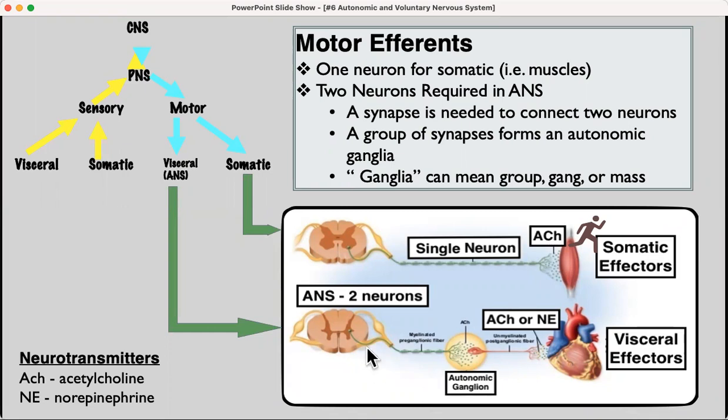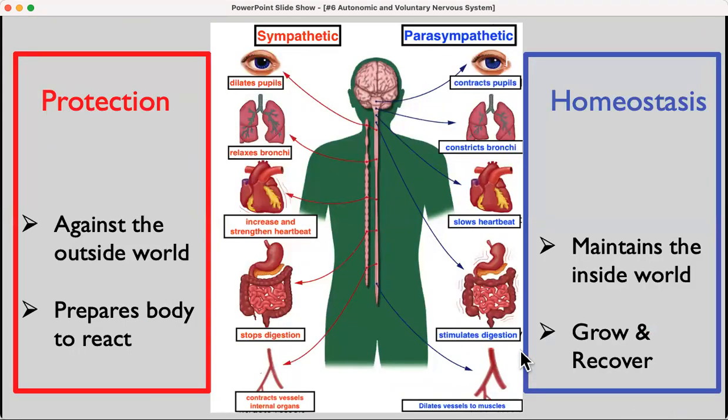But both systems in the autonomic nervous system are requiring these two separate neurons. And again, protection. Sympathetic is your protection against the outside world, preparing your body to react. Homeostasis, this parasympathetic, it maintains homeostasis within your inside world and allowing you to grow and recover.